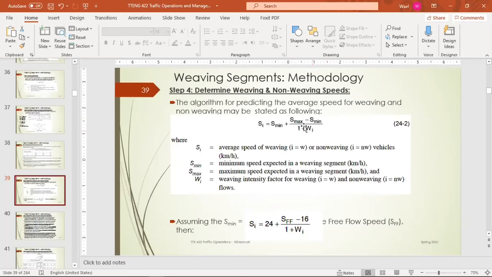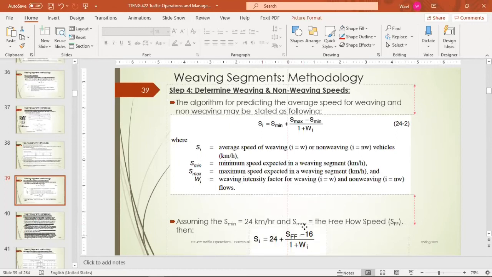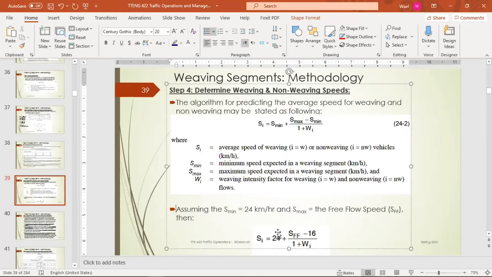Here the S minimum is substituted with 24 kilometers per hour. That's the minimum speed, the recommended value by the Highway Capacity Manual, and the S maximum equals the free flow speed.